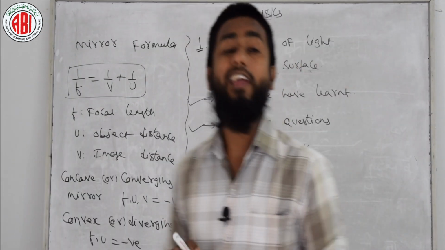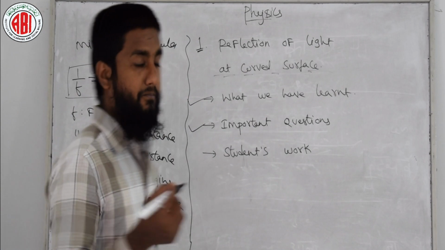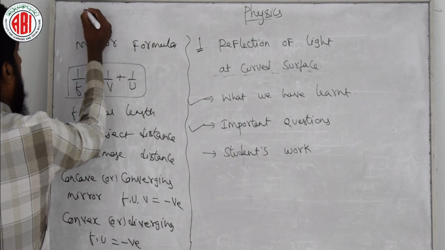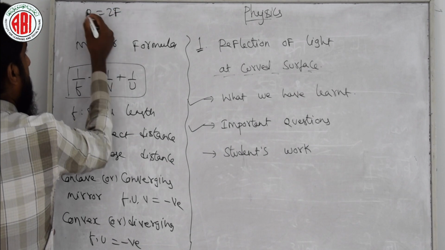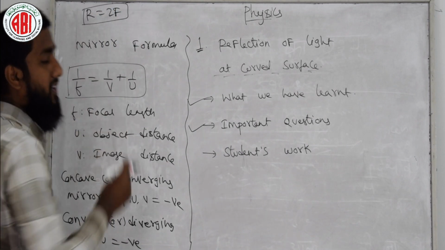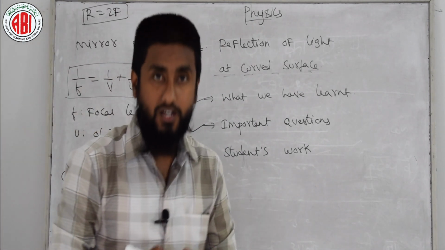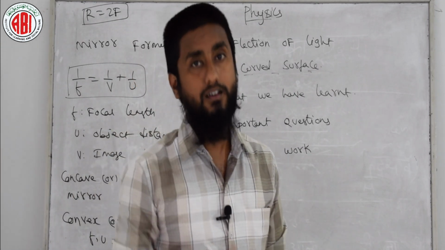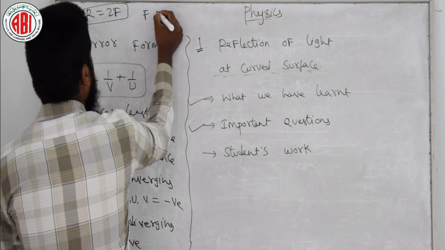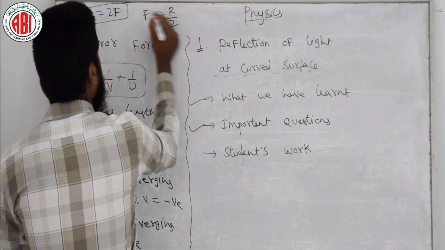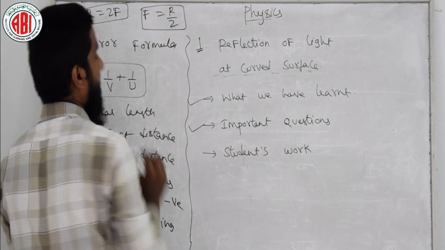One more important thing I'd like to tell you: r is equals to 2f. Sometimes, instead of giving you the focal length, it might give the radius of curvature. For that you just write f is equals to r by 2. These two things you need to remember.